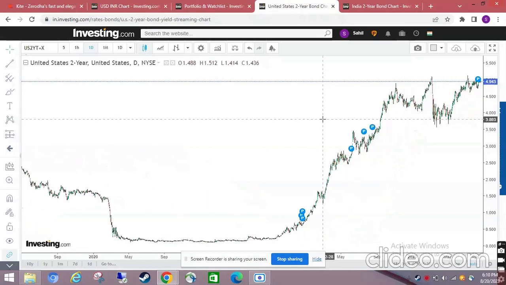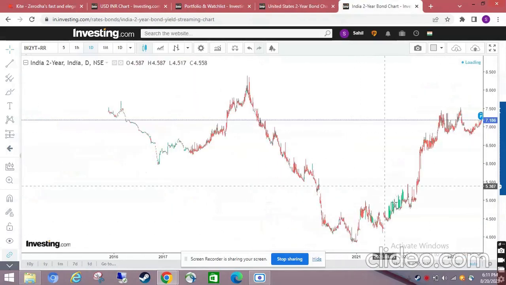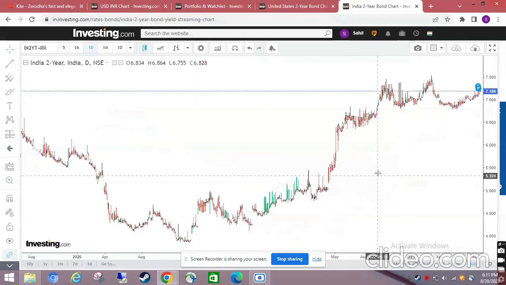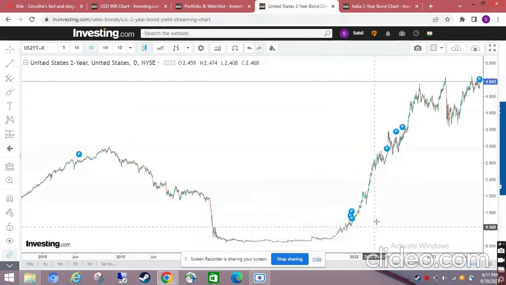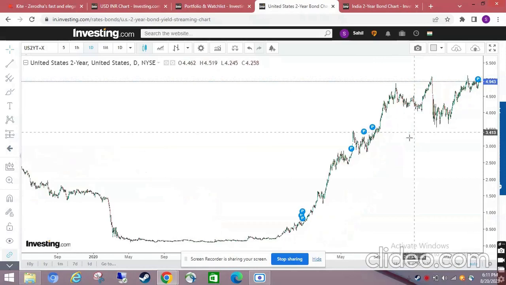The 2-year one can give you a pretty good picture, because the up move is such a drastic move as compared to our bond yield, which is a very slow move. It wasn't that much of an increase in movement, but it was like from 0.5 to almost across 5. So like 10 times I think it has increased. That's a very dramatic move, which is again the cause.